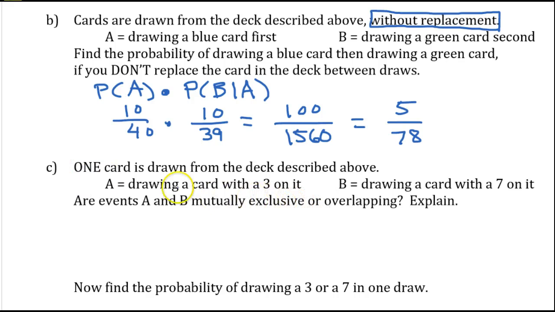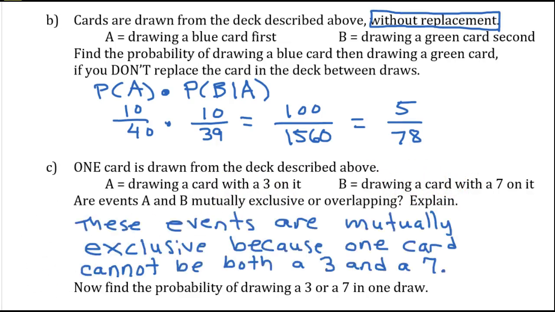Is it possible for that card to be both a 3 and a 7 at the same time? No. All right, that means these events are mutually exclusive. Both cannot happen at the same time. These events are mutually exclusive because one card cannot be both a 3 and a 7.